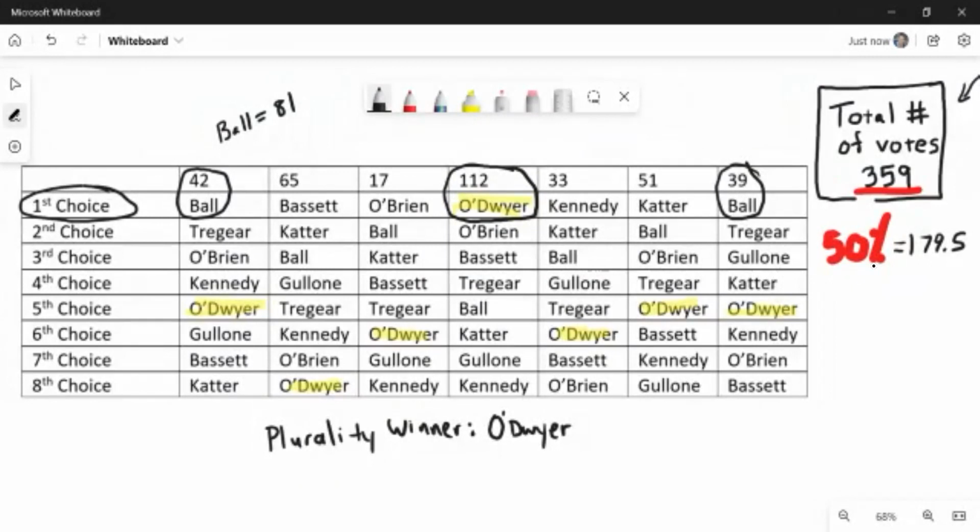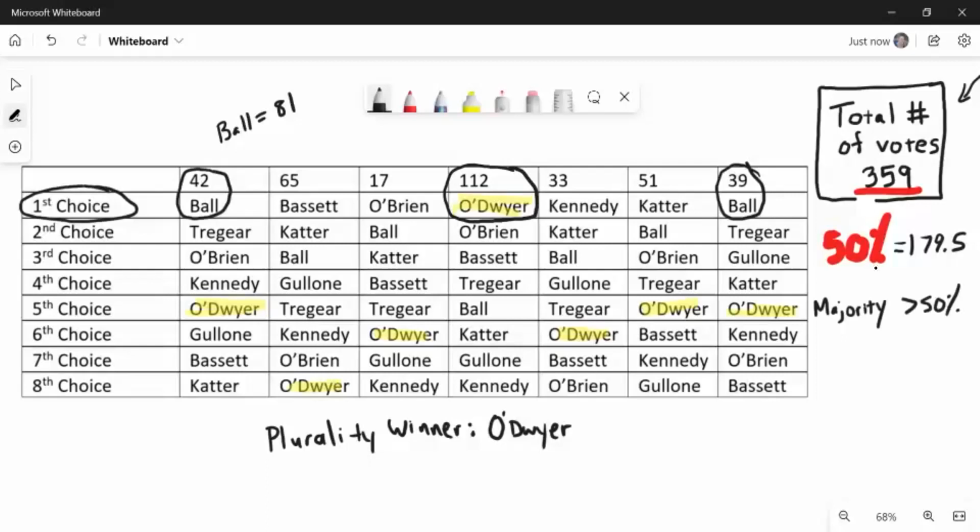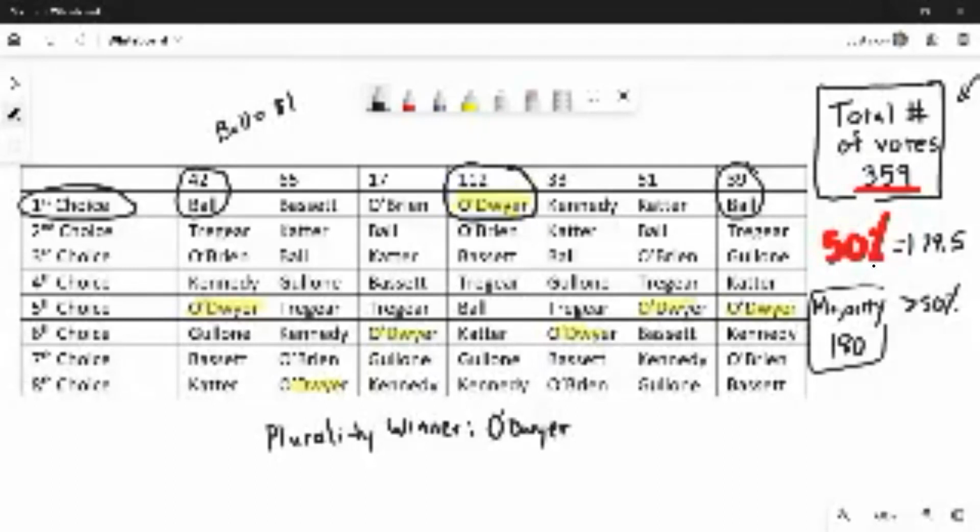But you also need to round up because you remember that a majority is more than 50%. It's not equal to 50%. So even if this is a whole number when you divide by 2, you still have to go up because it has to be greater than 50%. So a majority here will be 180, all right? Because 180 is more than 179.5. It's just the next whole number up.